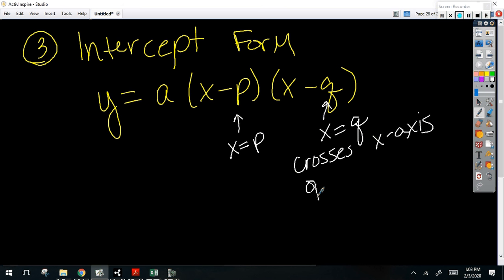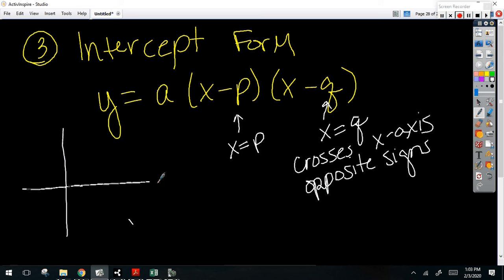These are both opposite signs every time. So if I have two, think about this on a graph.